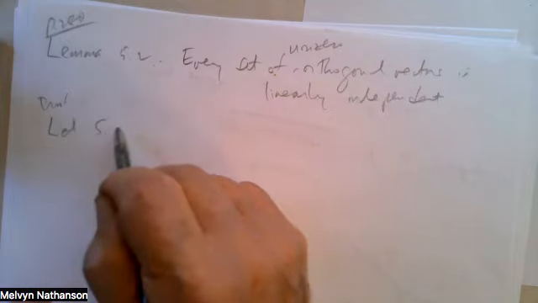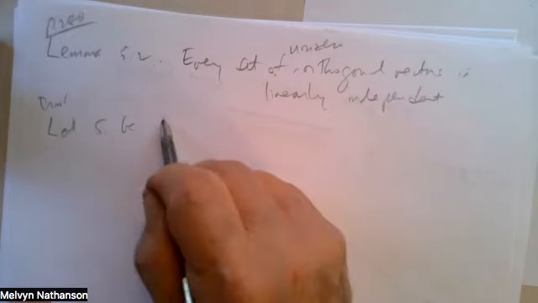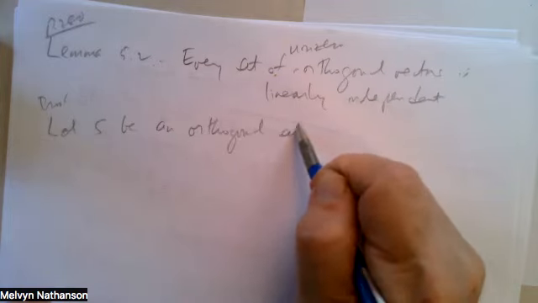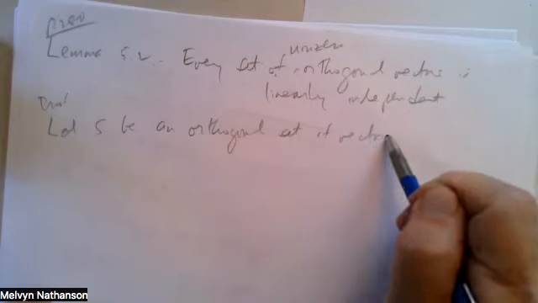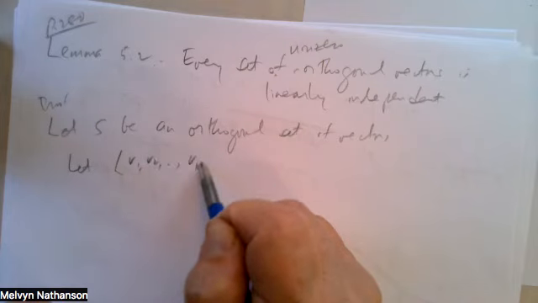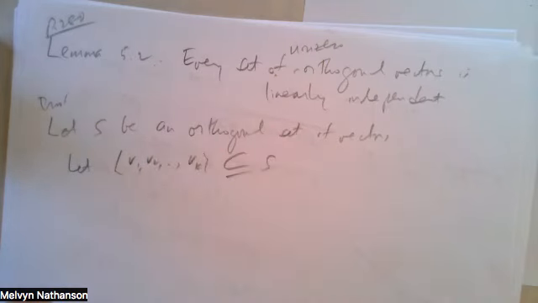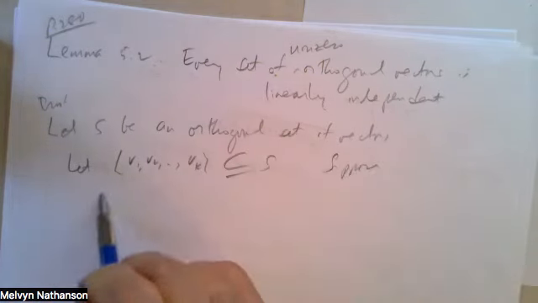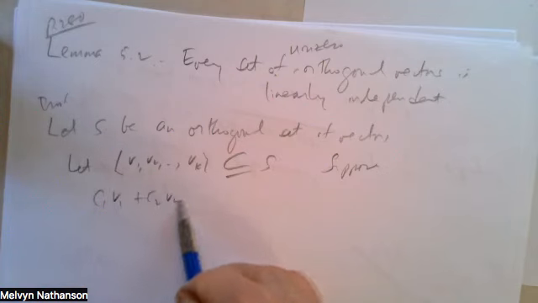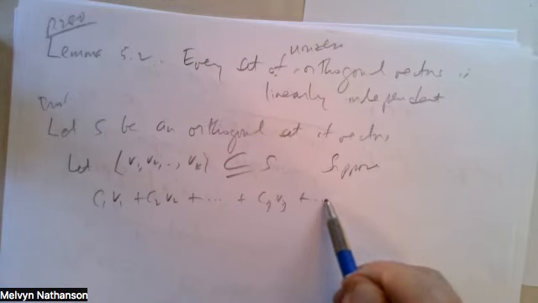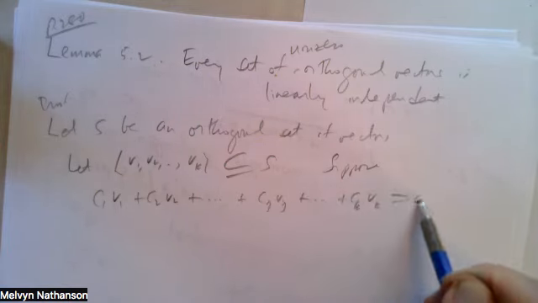So, proof. Let S be an orthogonal set of vectors, and let V1, V2 up to Vk be a subset of S. And suppose some linear combination of these vectors is 0.